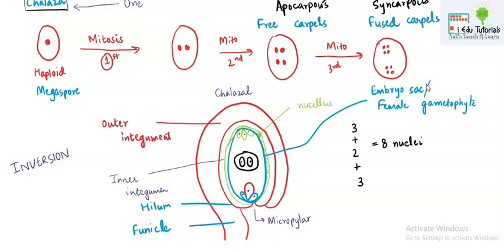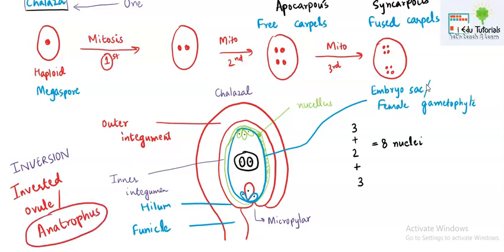So this is known as an inverted ovule. Inverted ovules are also known as anatropous ovules, and this is very important, that the anatropous ovule is noticed in 80% of angiospermic plants. So the plants that flower have anatropous ovules in them.